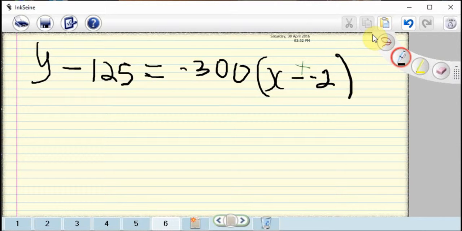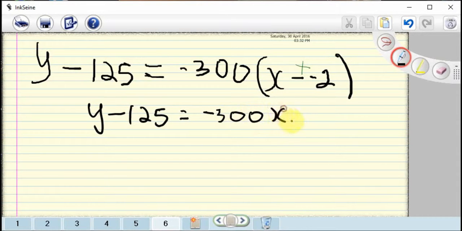Alright, so let us simplify this. So we're going to have y minus 125 is equal to negative 300x minus 600. So negative 300 times positive 2 is going to be negative 600, right?